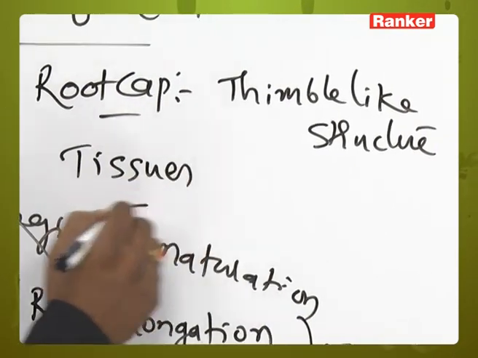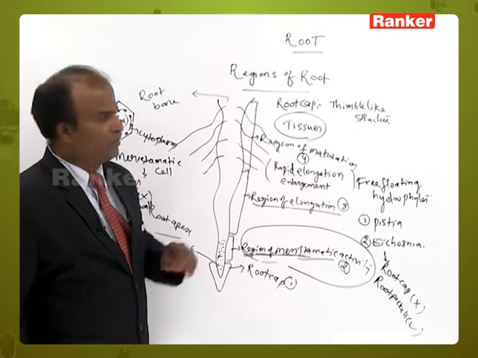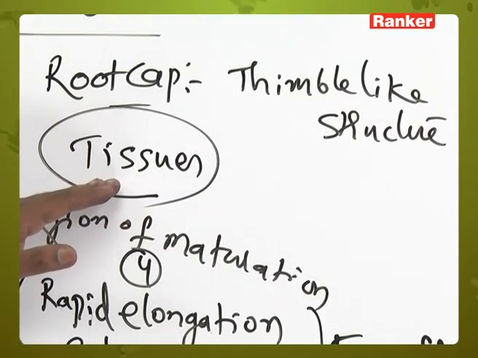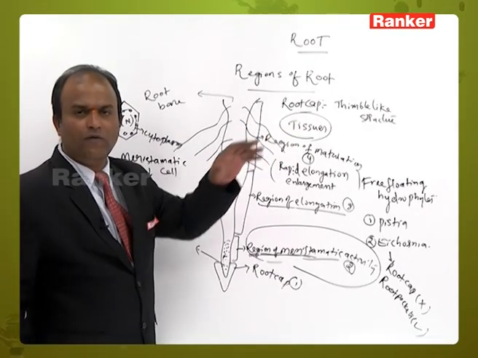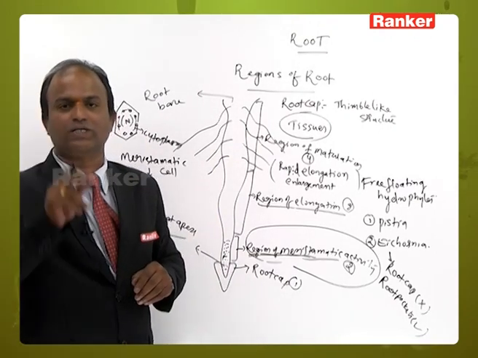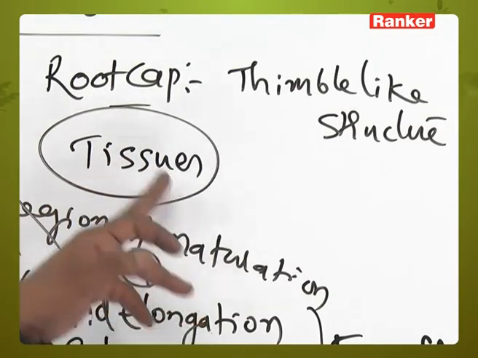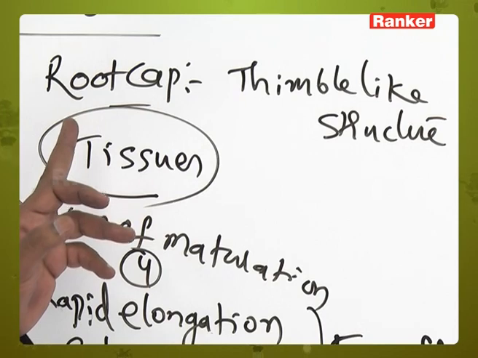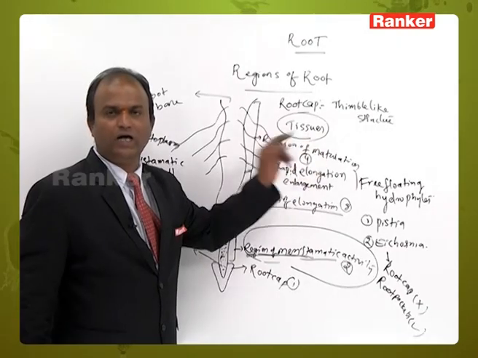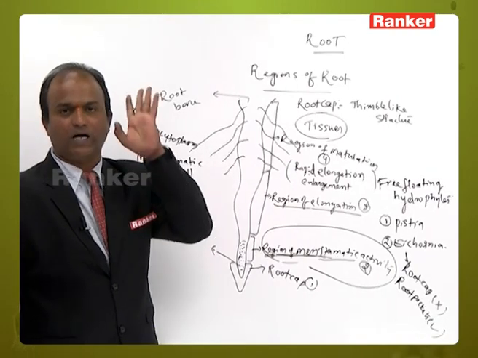Do the tissues show thick or thin cell walls? They show thick cell walls, because the secondary cell wall material is laid down here. And the region of maturation shows how many parts?